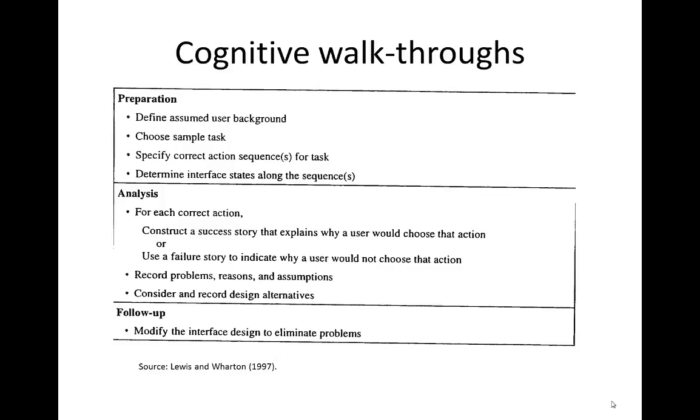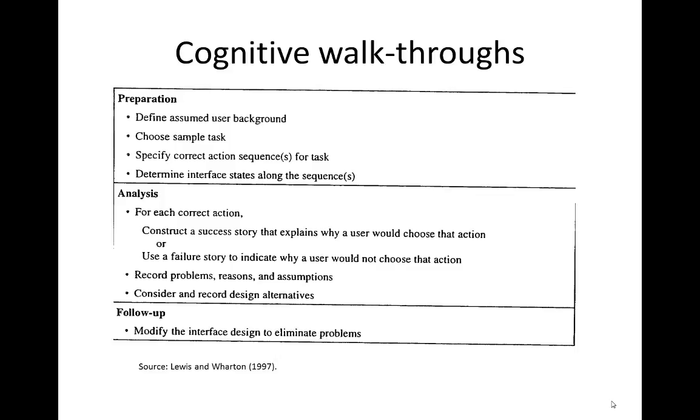You try and take on the personality and the persona of one of your specific users with a particular user background. Then you identify a task, specify the correct action sequences for the task, determine the interface states along with the sequence, and then you try and follow the path.